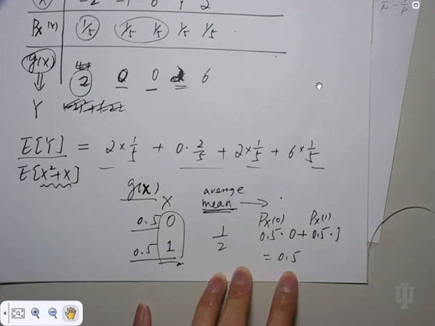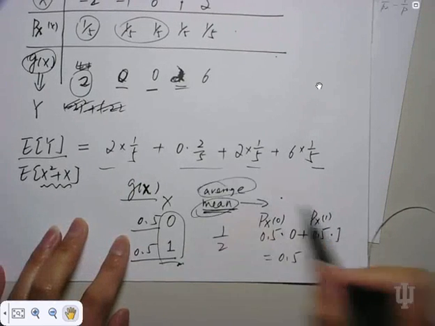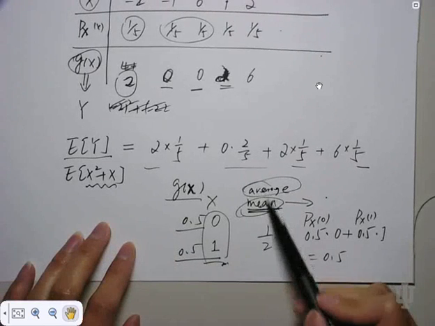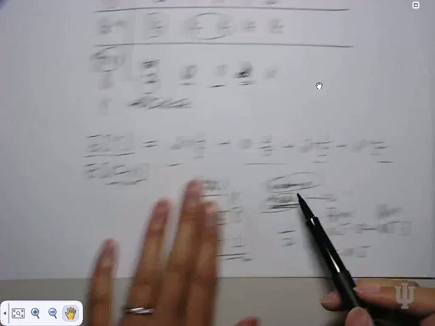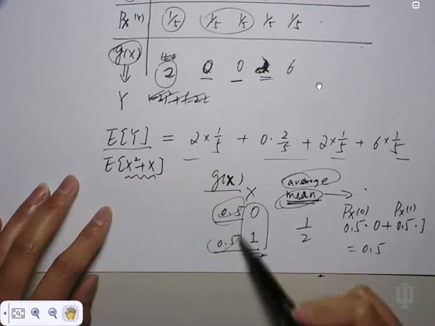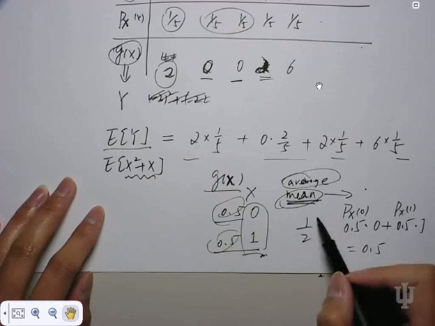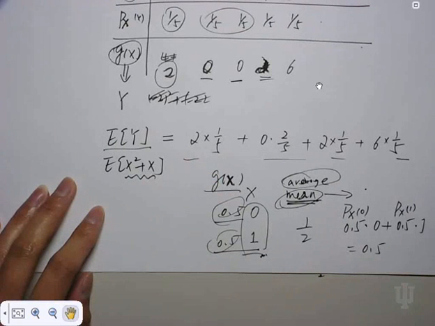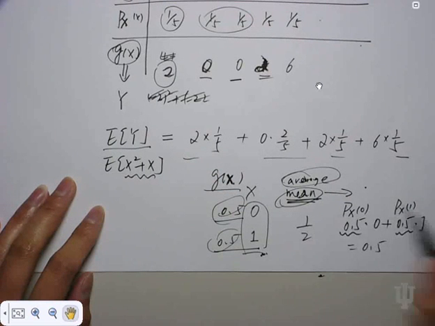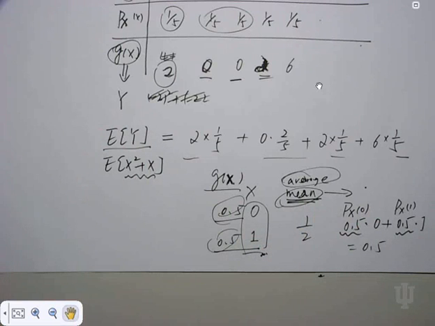You know mean, you know average, but usually those are related to equally likely. Then you don't care about the probability part. But actually your random variable can have all kinds of probability for each value. So it's like a weighted average, a probabilistic average.